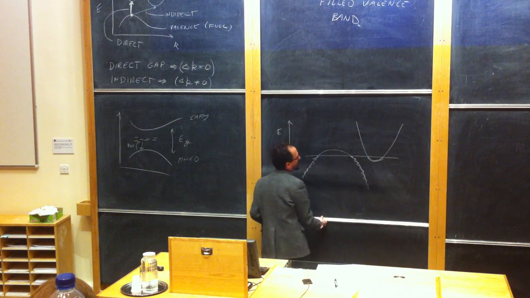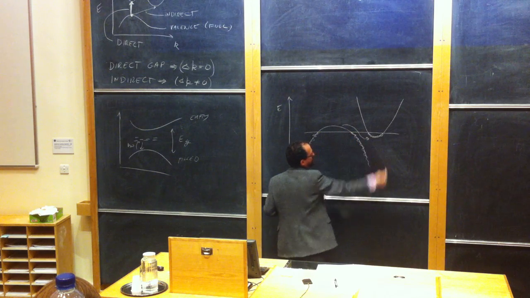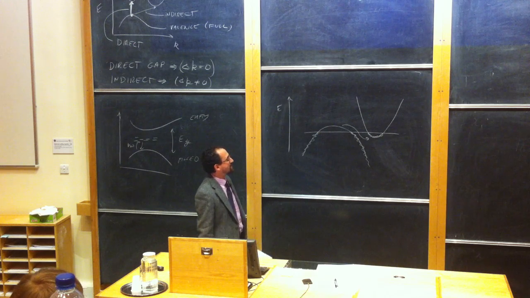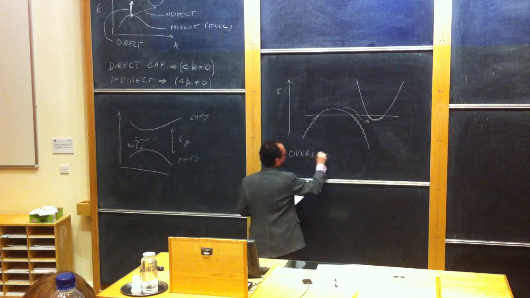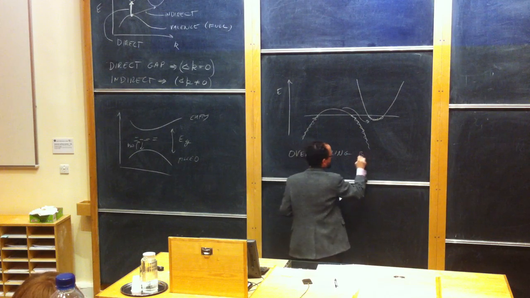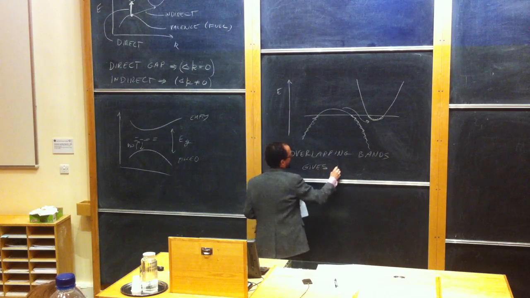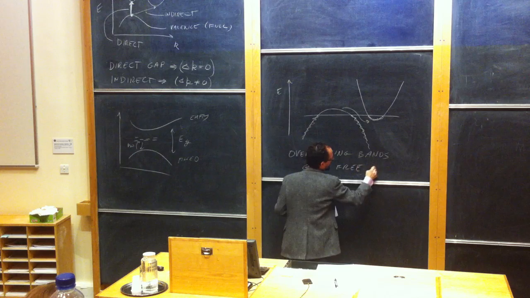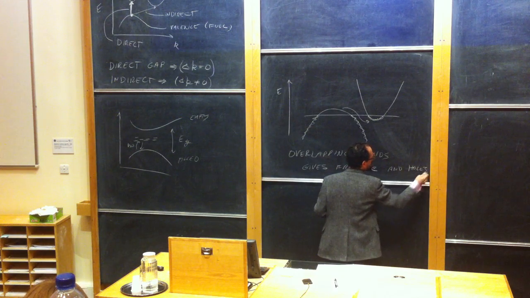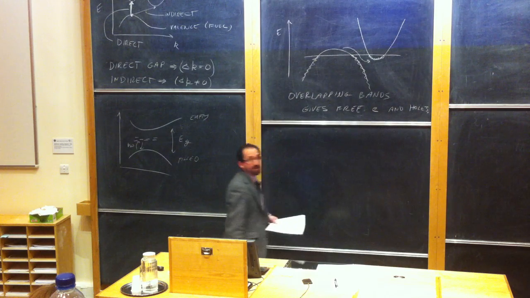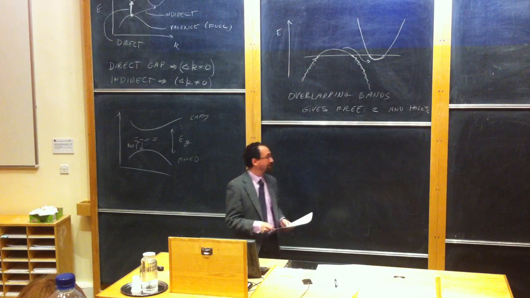So what we're doing here is we're transferring electrons out of the top of the valence band into the bottom of the conduction band because it just happens to lie lower. So overlapping bands also gives free electrons and holes. Okay? Does that make sense? Good? So far so good. Okay, we saw an example of that last time with calcium.